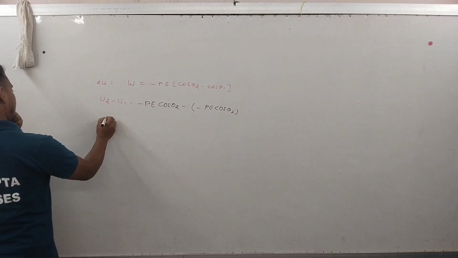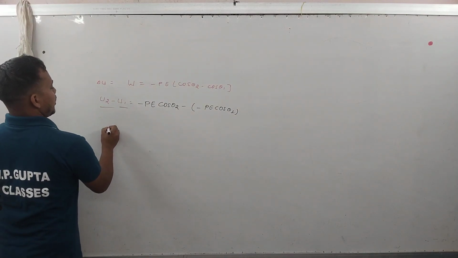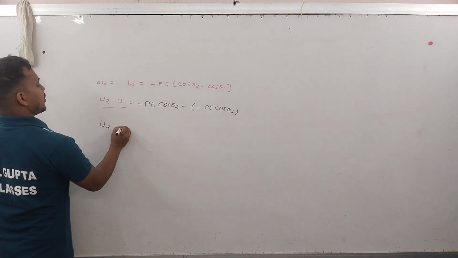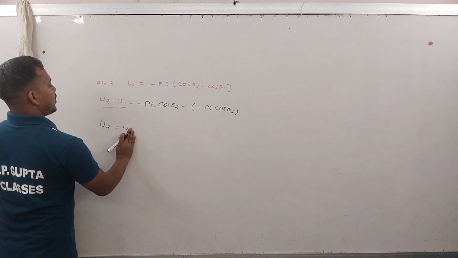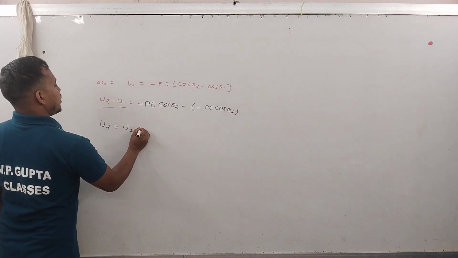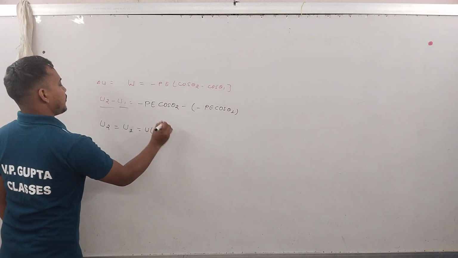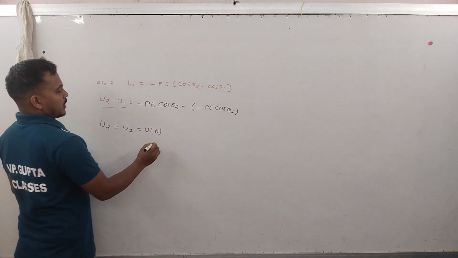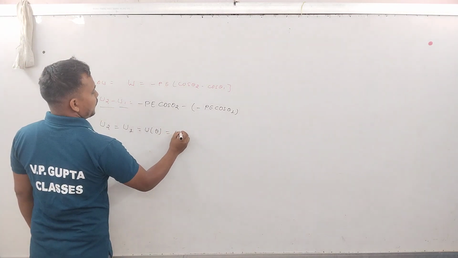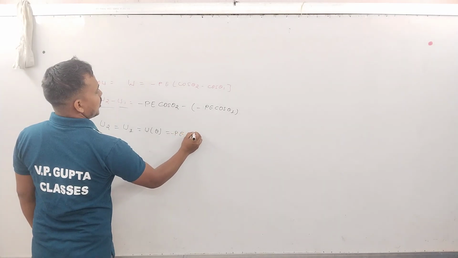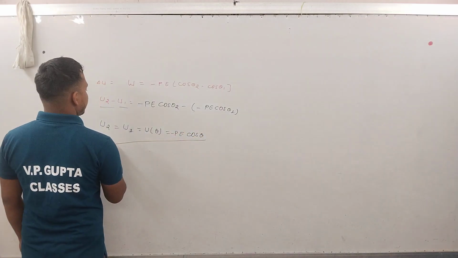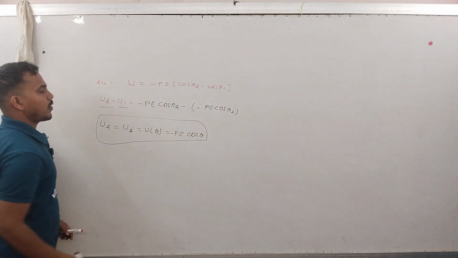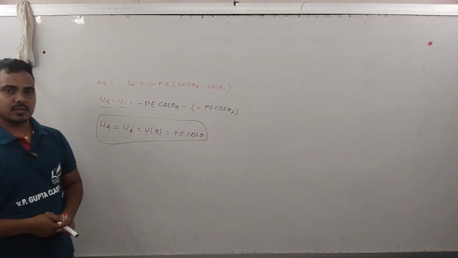This is assumed with U2 equal to U at a fixed angle theta, that is equal to minus PE cos theta. This is our expression for a choosable angle.